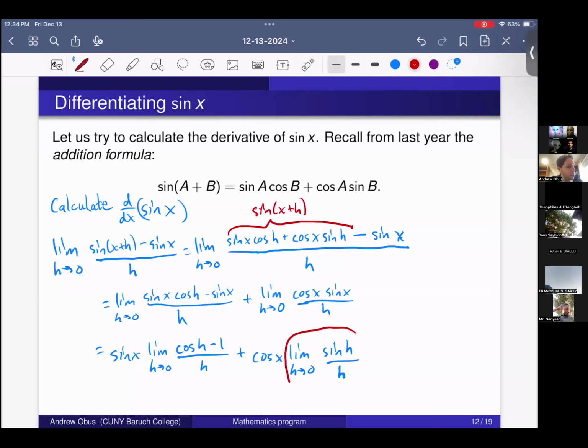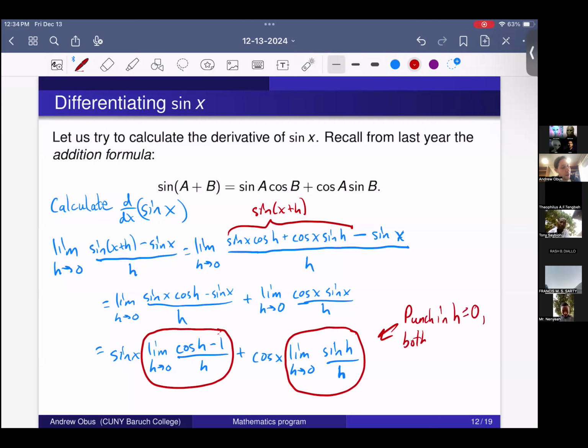And so what we need to do is somehow figure out these two limits. And the problem for both of these is if we just punch in h equals 0, both become 0 over 0. Sine of 0 is 0, so 0 over 0.